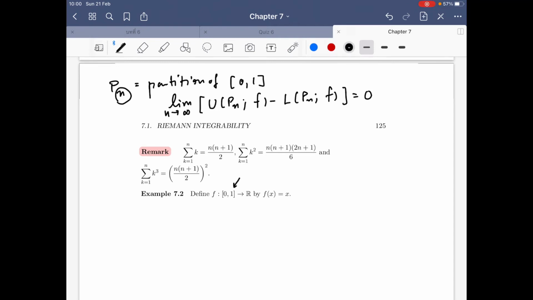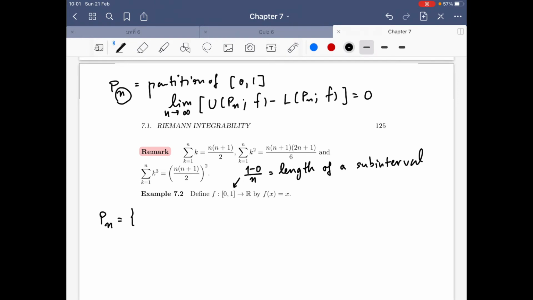So the easiest one is that we are going to divide this into equal subintervals, right? You are going to let the length of this interval, which is 1 minus 0, be divided by n, so that each subinterval will be the same, and it is 1 over n.